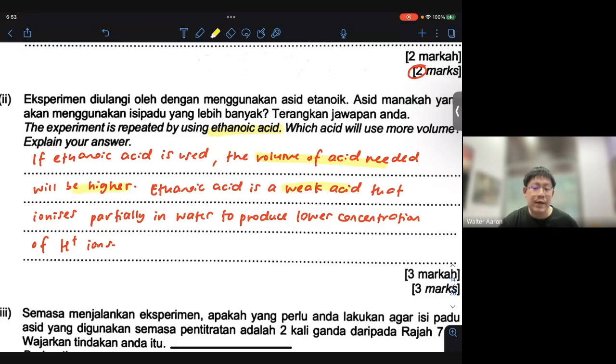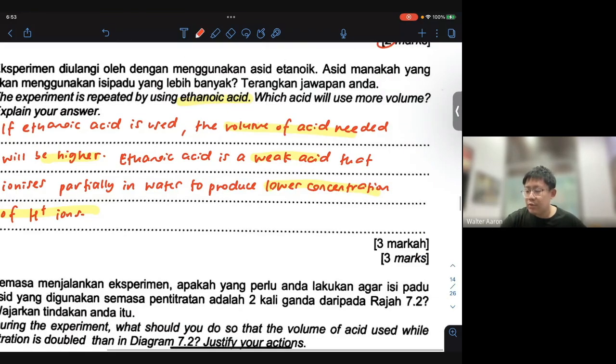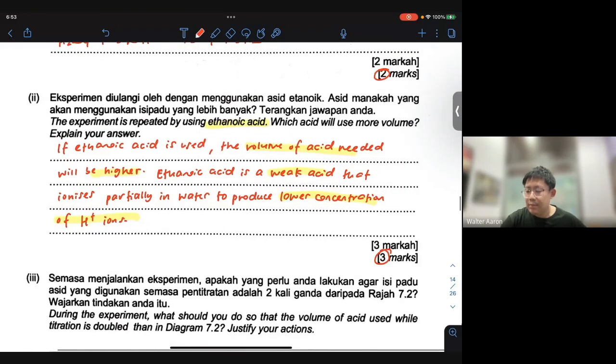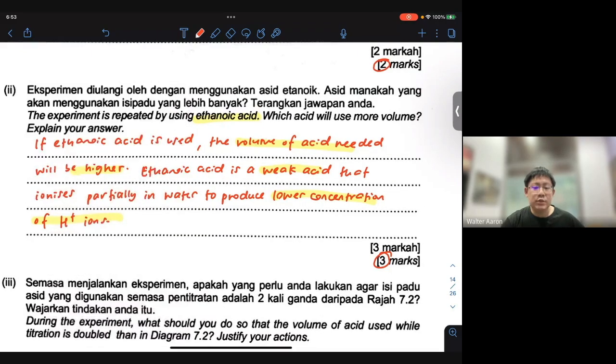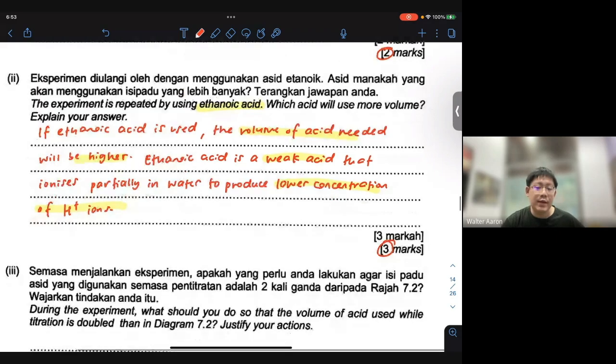Mentioning that ethanoic acid is a weaker acid is also 1 mark. And then after that, explain that it has a lower concentration of H plus ions. You will also get another 1 mark already. So in total, you get 3 marks already. So this is just to compare it against sulfuric acid. If it can technically justify that it is weaker compared to sulfuric acid, you should be able to get the marks already.